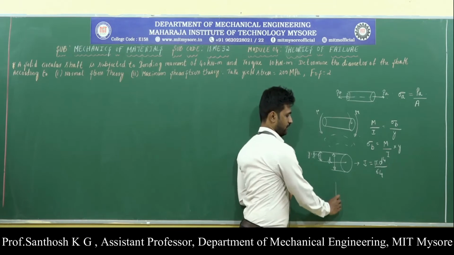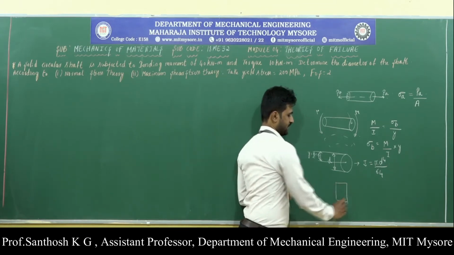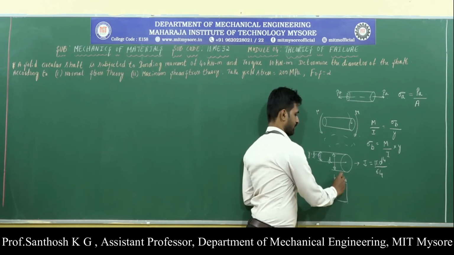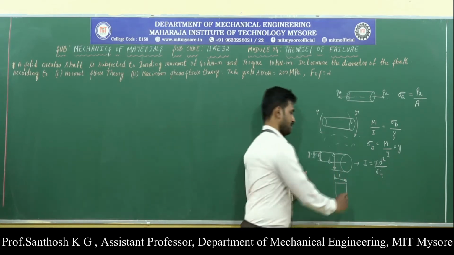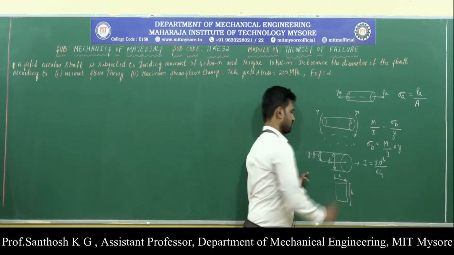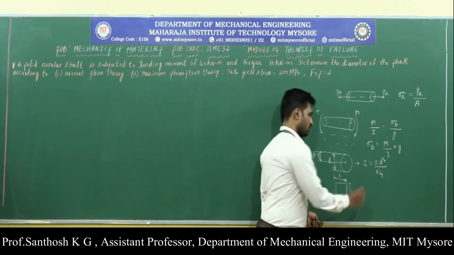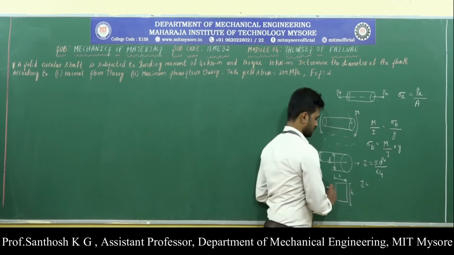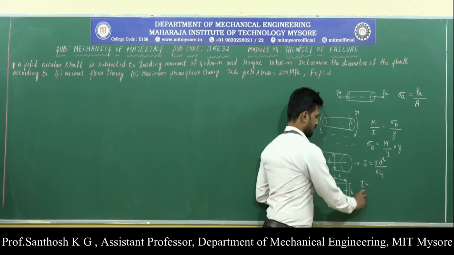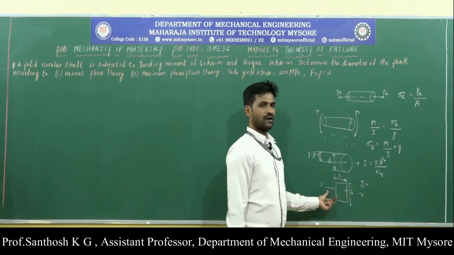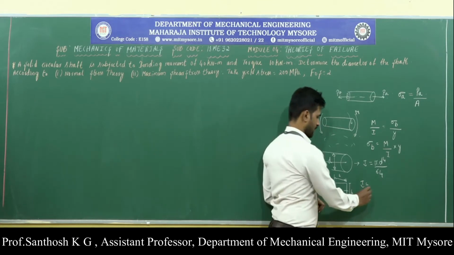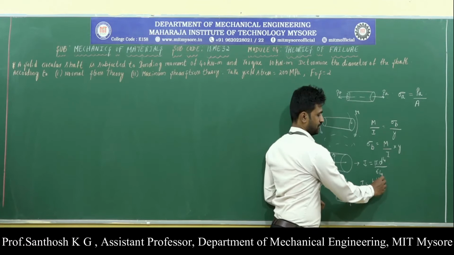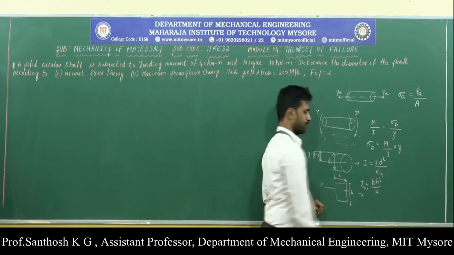Suppose the given cross section is, let us say, a rectangle, having the horizontal length of B and the vertical length of H. In this case, in order to calculate the value of I, if I am calculating I along the horizontal axis, then Ixx will be equal to B H cube divided by 12.